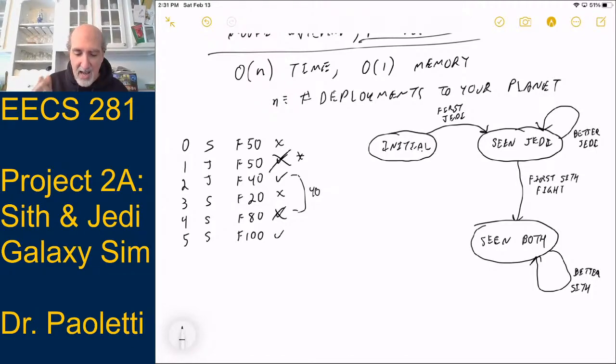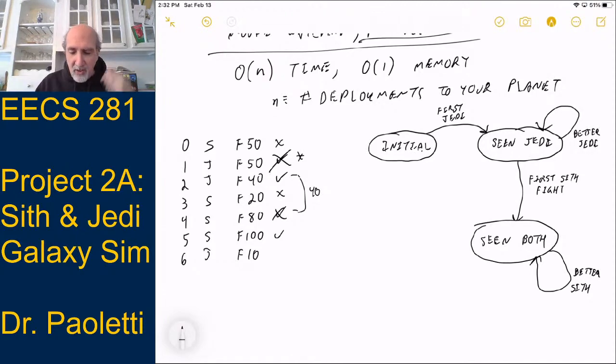Okay, now here's where it actually gets tricky. Okay, time 6. We see a Jedi arrive on this planet with a Force 10. Is that interesting? Well, if that Force 10 could attack the Force 100, that would be really interesting, but that can't happen. This Jedi can only be matched up with a Sith who arrives at some point afterward.